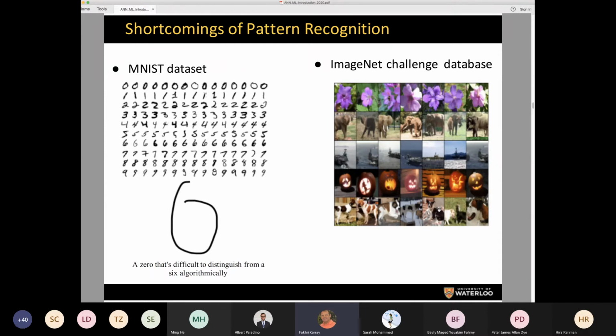So using pattern recognition techniques, using particular rigid rules for pattern recognition, the system is not able to decipher whether this is a 6 or a 0. Because for pattern recognition, you have a certain set of rules, similar to a decision tree type of system.